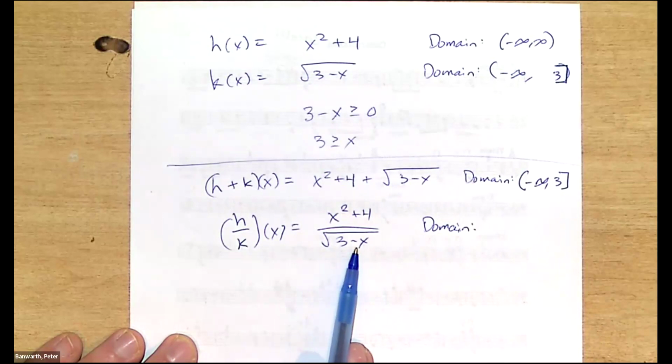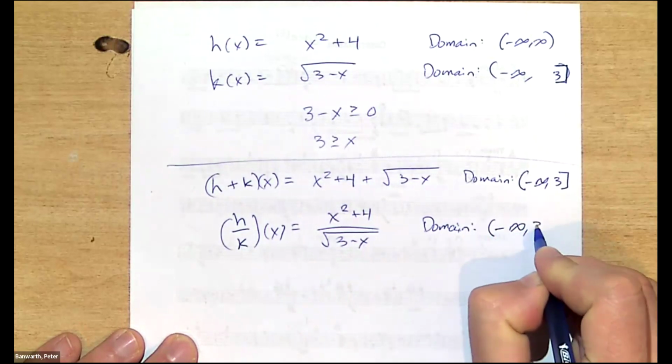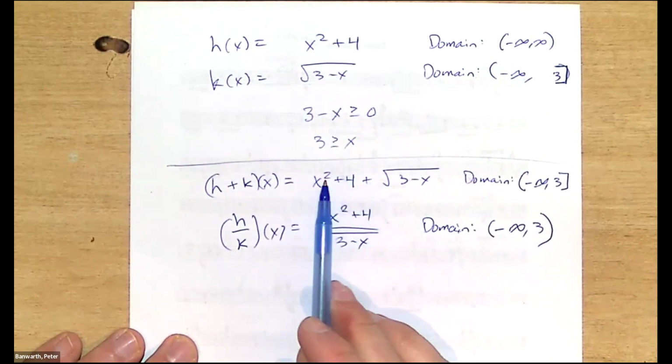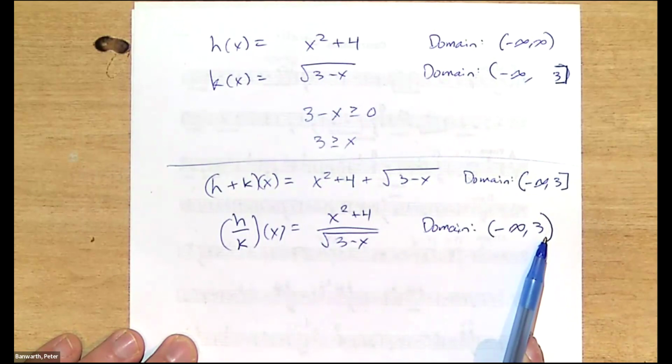I get 3 minus 3, which is the square root of 0, and then I divide by that, which I can't do. So this domain does not include 3. It has to work in both individual functions and in the combined function.